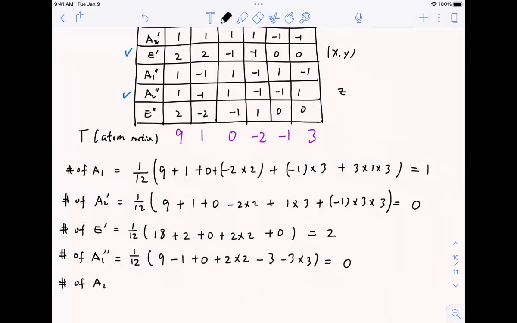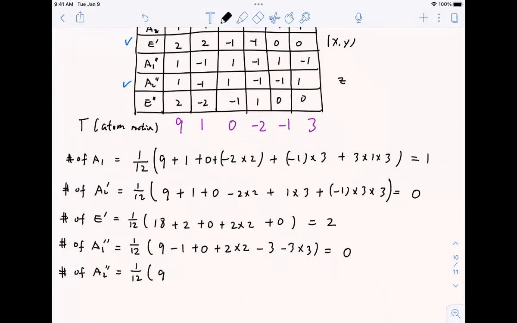Number of A2 double prime. Okay, 9 minus 1, 0. This will be 1. 1 times 2 is 3. 3 times 3 will be 9. So this will be 12, 15, 15, 24.